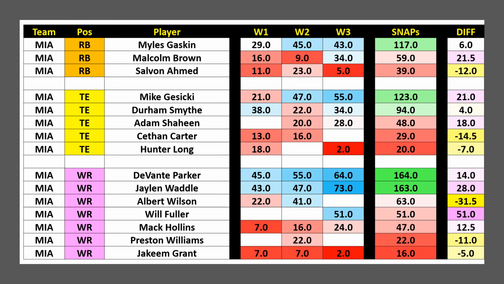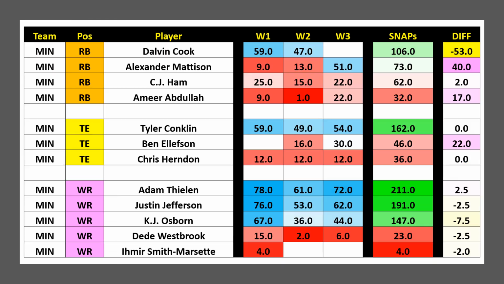Does Fuller get better and pass Parker? I guess Fuller's the pickup. Hard to say. Madison, the clear. And I don't know who the handcuff to the handcuff is.